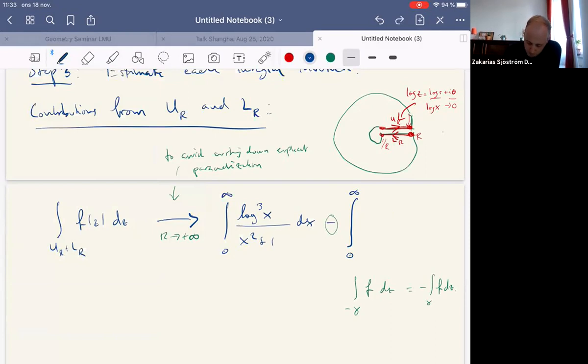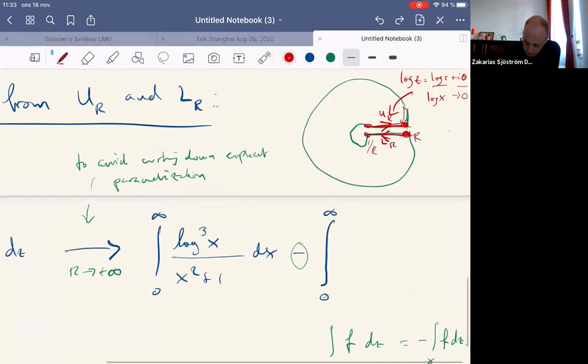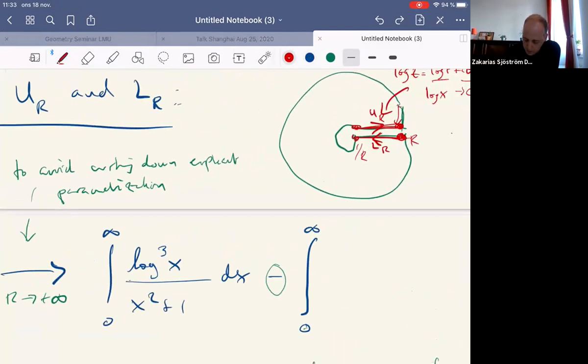Now we should discuss even more from this picture. If we approach the real axis from below, then our logarithm is something like log r plus i theta, but where theta is close to 2 pi, right? The angle was from 0 to 2 pi.